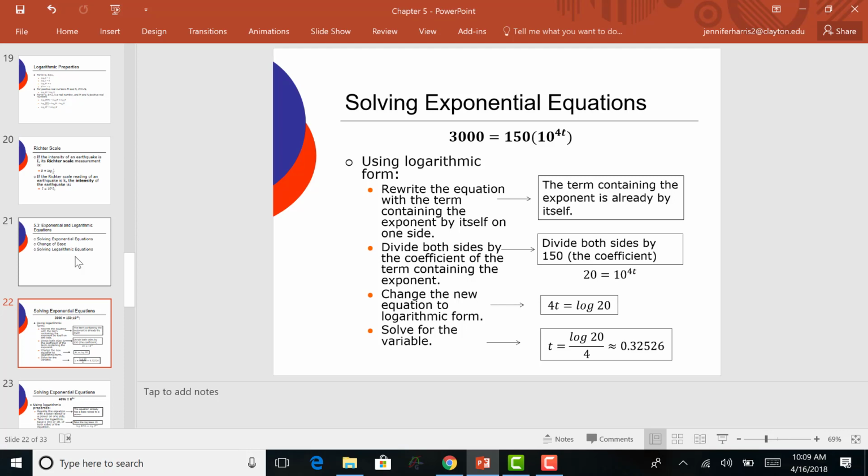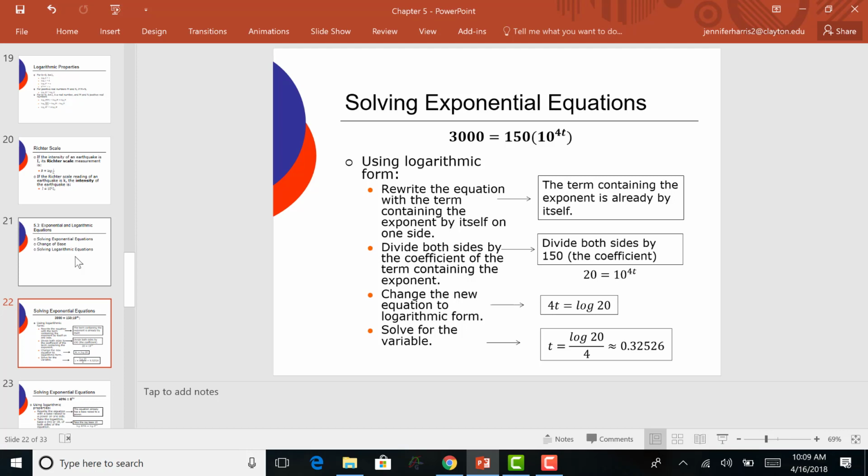Now you've got to make sure you put this in your calculator properly. Depending on how your calculator functions, I will put log of 20. Sometimes you might have to put parentheses around it. If you put log and then 20 divided by 4, it might think you want to do log of 20 divided by 4, and that is not what we want.